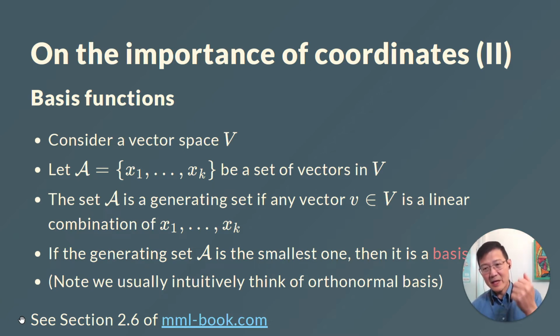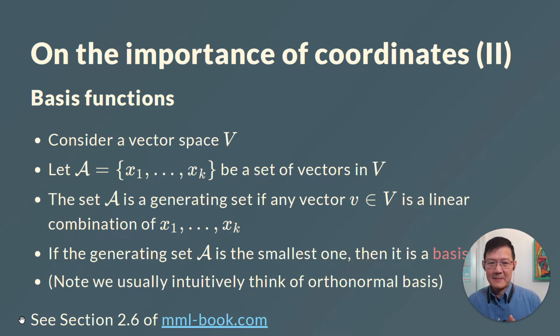The way you construct it is by thinking about what the vector space is, and basically you think of a set of vectors, here denoted by curly A, which allows you to reach any point in your whole vector space by a linear combination. This set is called a generating set.